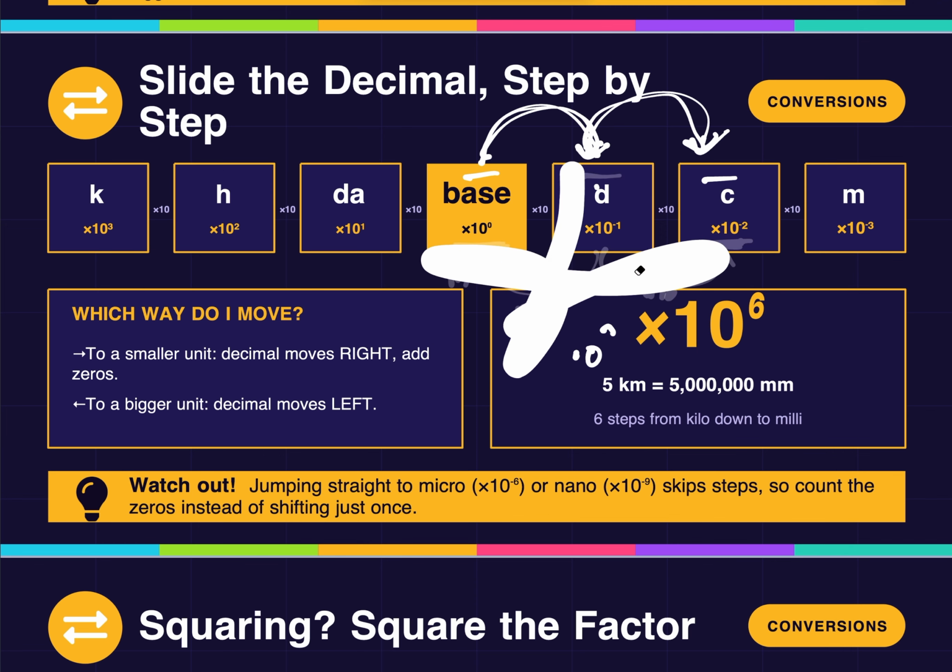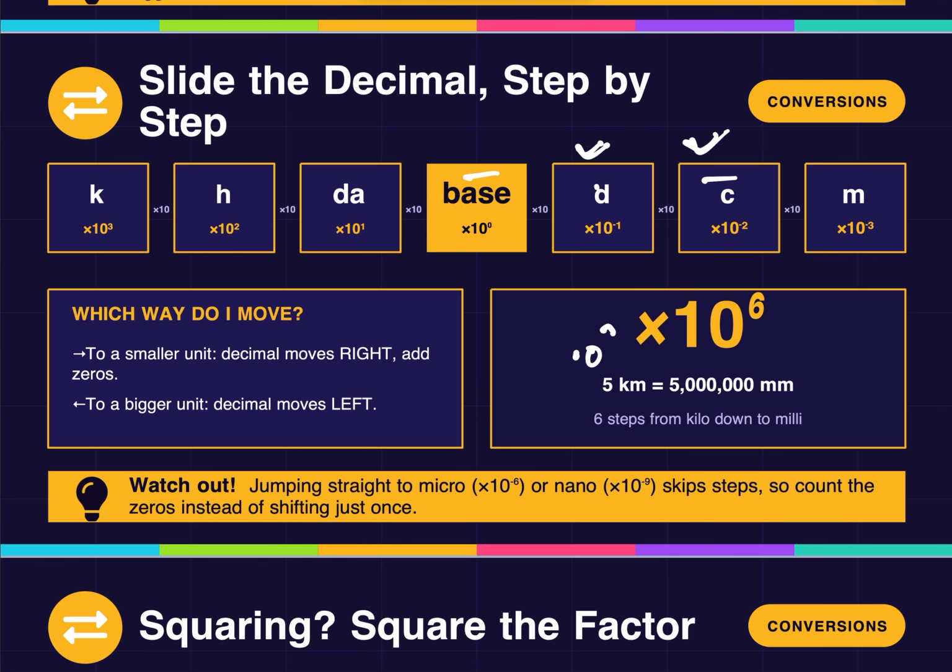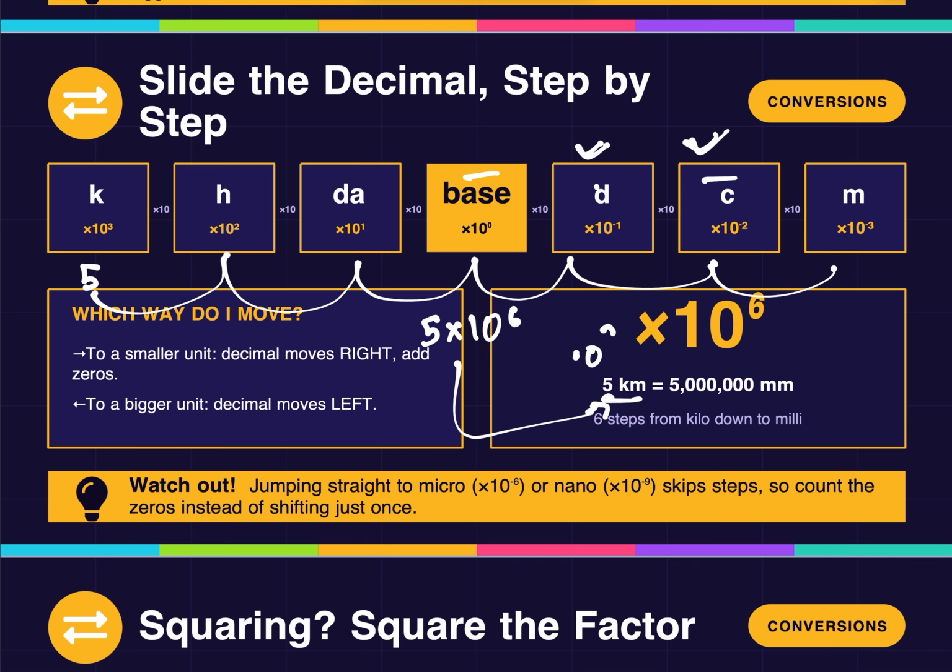Now, suppose you have 5 kilometers converted to millimeters. How would I do that? I would write 5 over here. I would count how many tens it goes to milli: 1, 2, 3, 4, 5, 6. So I would multiply it by 10 to the 6, and I would get my answer in millimeters.